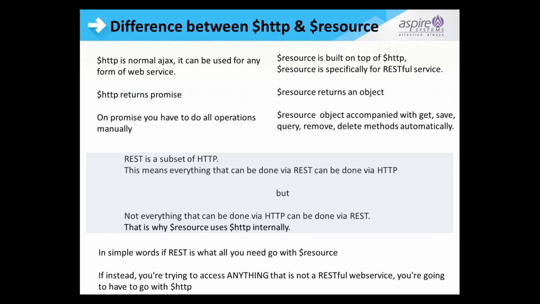It will just return an object using which you can do additional functions like .save, .delete and so on. But if you are using $HTTP, inside the promise you have to do the additional operation. The $resource object itself comes with inbuilt methods that do it for you, as we saw in the previous example.